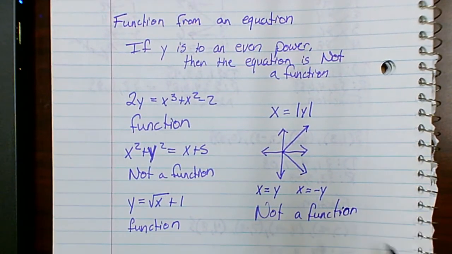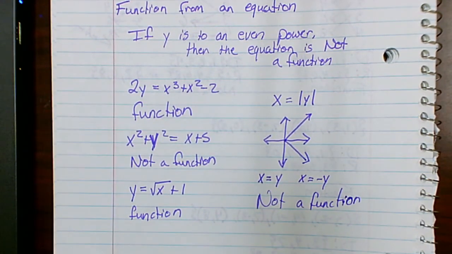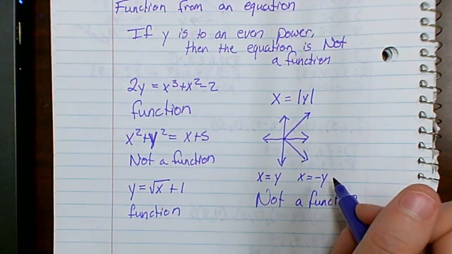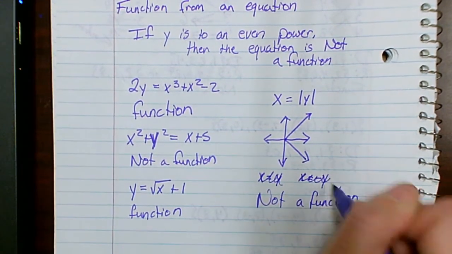Okay, so this one's like that not-most-of-the-time type of equation. You just have to think, okay, how many y's can I get for an x? So in this case, x can equal a y and x can equal a negative y. Or, excuse me, is that how I want to do that? No, I'm sorry, that is incorrect.